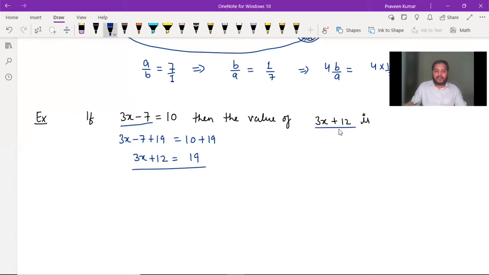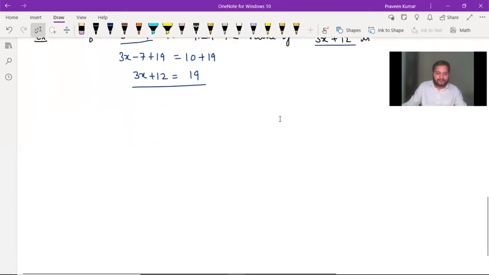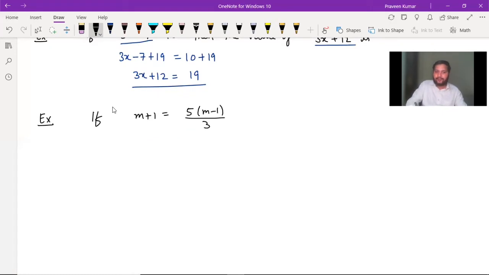Now let us take one more example. For example, if m plus 1 is equal to 5 times m minus 1 divided by 3, then find 1 by m. In this particular question, you can clearly see this is m plus 1 and this is 5 times m minus 1 divided by 3.